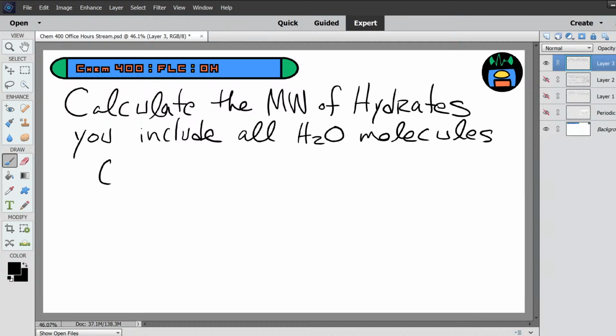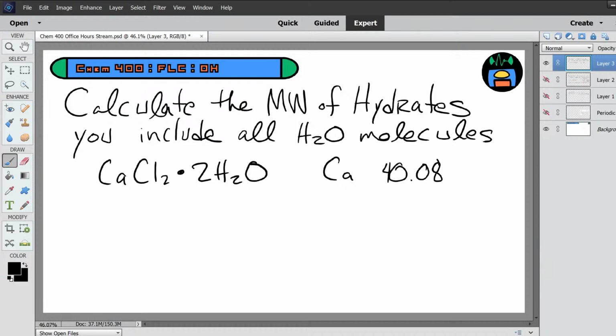So, for example, if you were calculating the molecular weight of calcium chloride dihydrate, you would need the molecular weight of calcium, which is 40.08. You'd need the molecular weight of chlorine, which is 35.45.